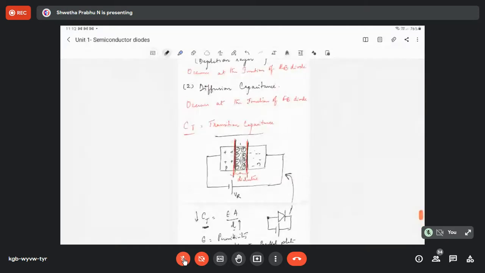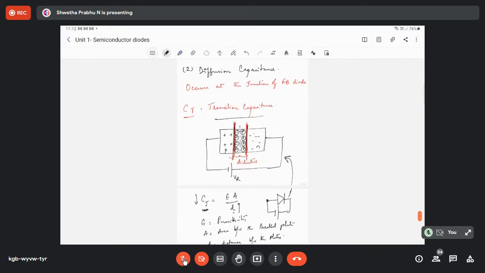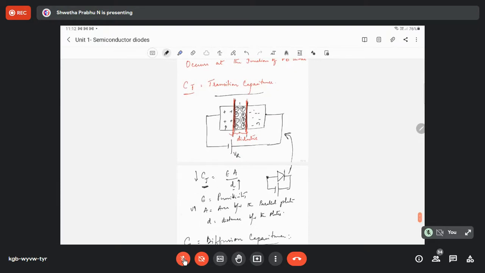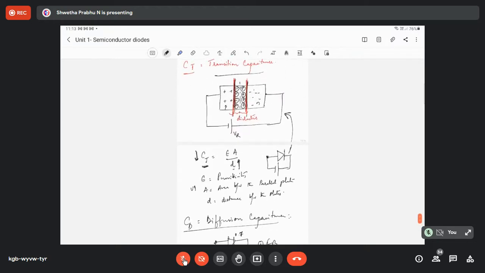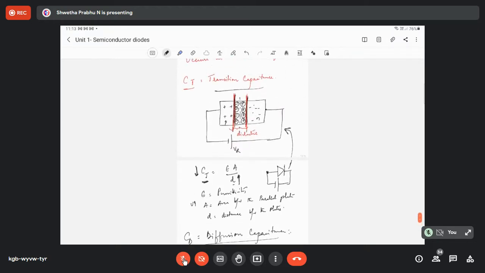Whereas when you consider transition capacitance, as V increases, the D value increases. As D increases, the transition capacitance decreases. Did you understand? Please make a note of this. At least make a note of the equations.